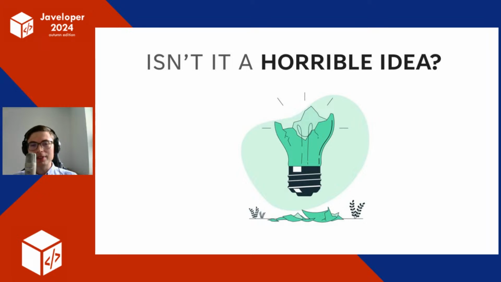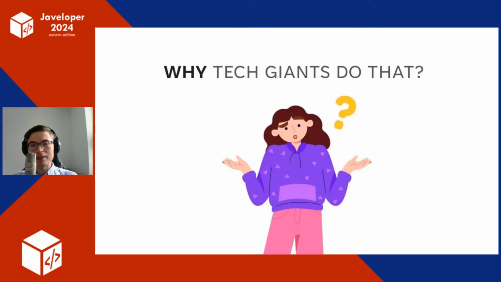But it turns out that many tech giant companies like Google, Uber, Airbnb, Microsoft, all of them use the monorepo approach to some degree. And the biggest example is Google, which stores around 95% of all of their code in just one single repository.